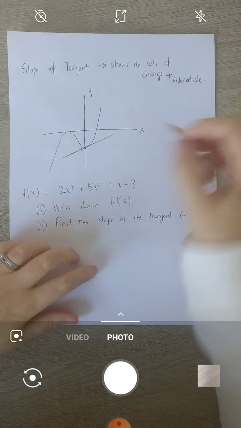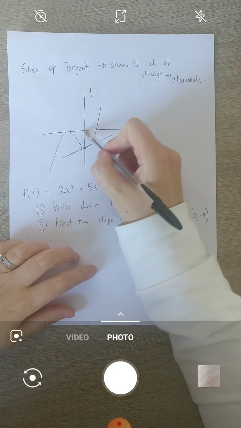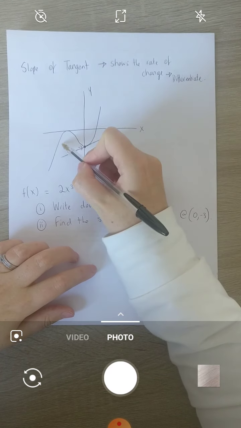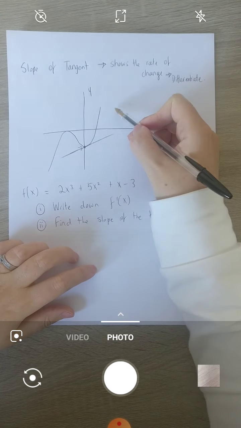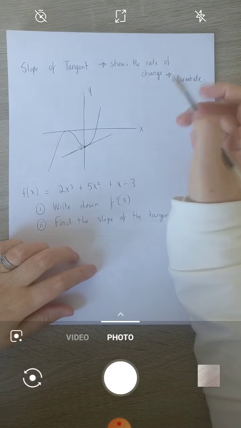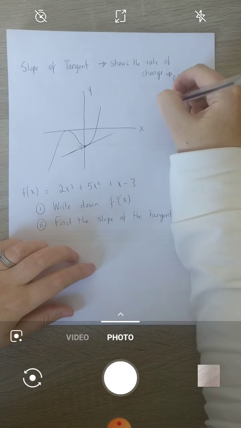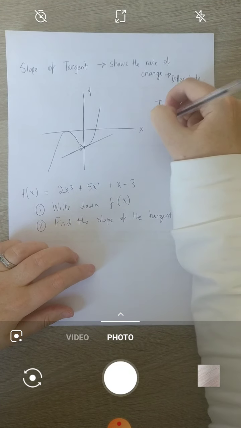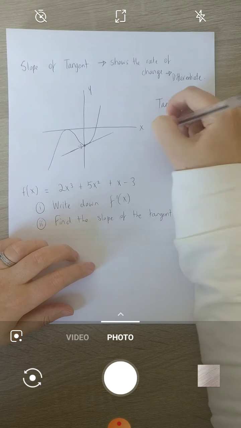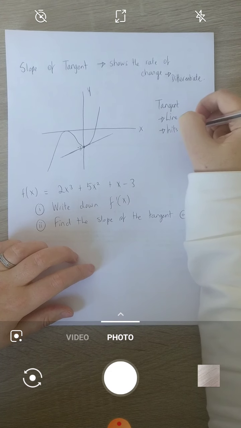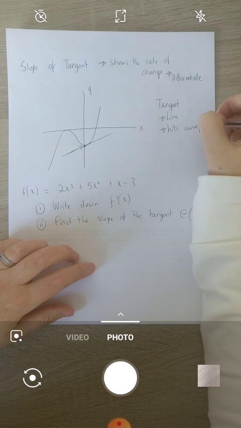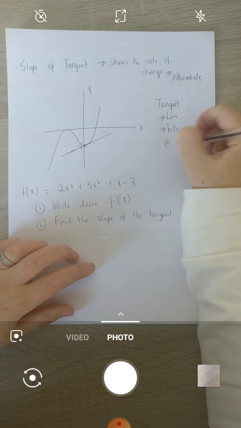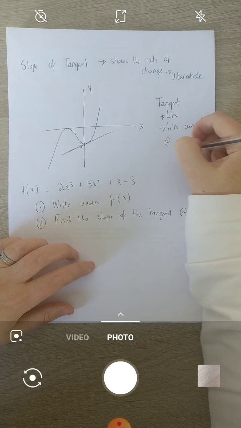So it's not a line that's going to go through here, because that would hit 2 points of the curve, or even 3 points of the curve. So a tangent, first of all, is a line, and it hits a curve, or if we were studying the circle, at 1 point only.